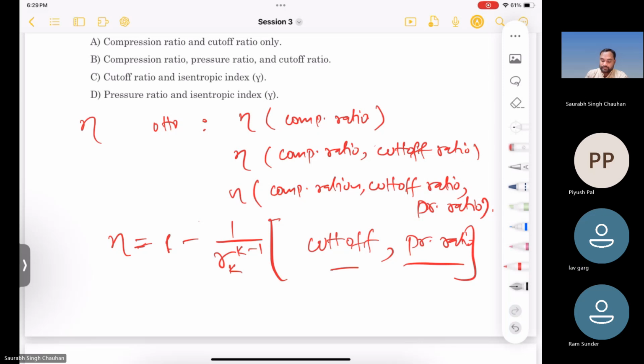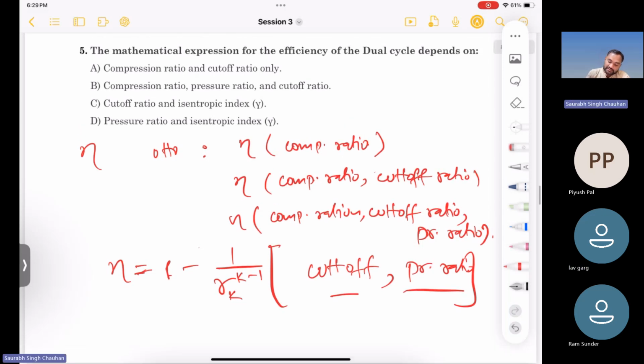So it is a function of all these three quantities. So option B should be the correct option.